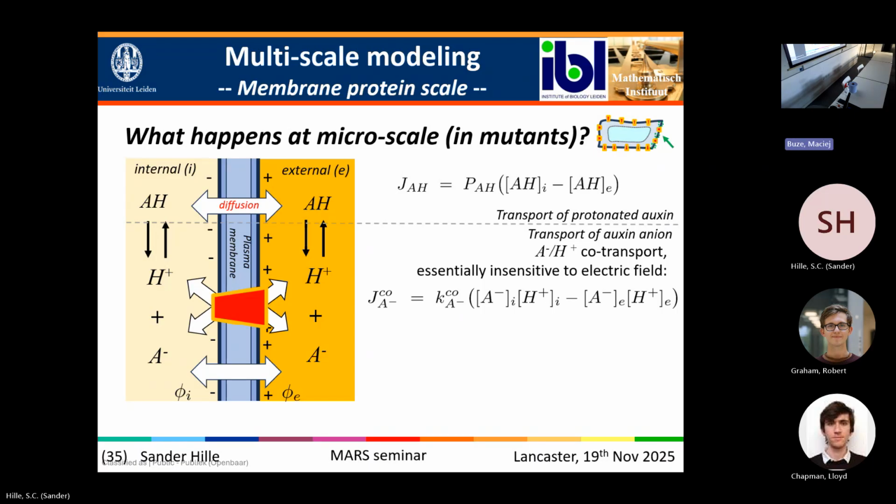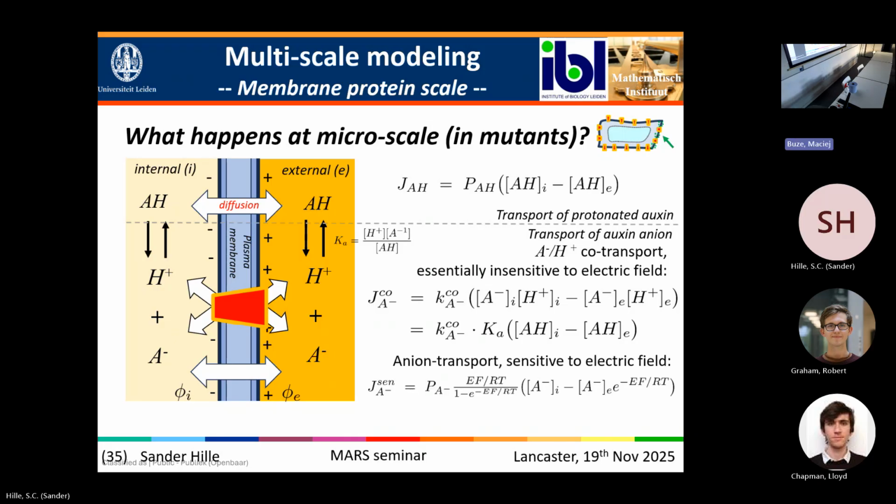What is interesting to realize is that these influx proteins are of this type, and because of assuming a quick equilibration here, you can actually replace this expression by something very similar to the protonated form. So you have effectively a protonated form transfer.